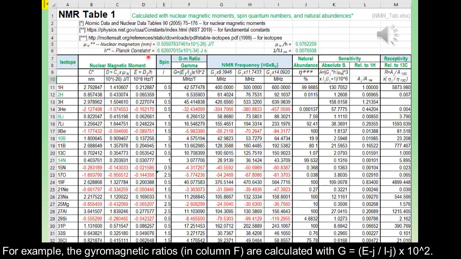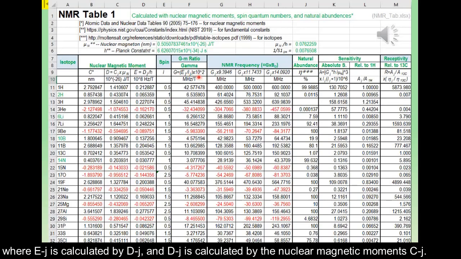For example, the gyromagnetic ratios in column F are calculated with F equals bracket EJ divided by IJ bracket times 10 to the power of 2, where EJ is calculated by DJ, and DJ is calculated by the nuclear magnetic moment, CJ.